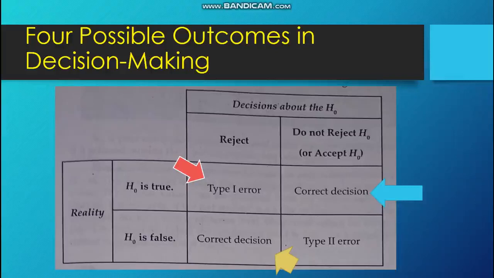Kasi true yung null, nireject mo, you're committing a type 1 error. And then, if the null hypothesis is false, and then hindi mo ni-reject yung null hypothesis, you're committing a type 2 error. Okay? So, ito yung ating four possible outcomes in decision making.